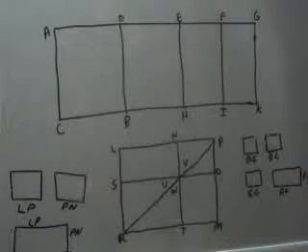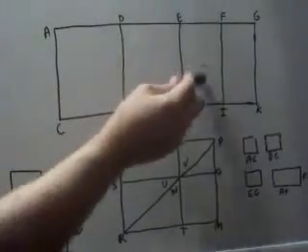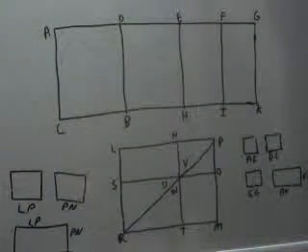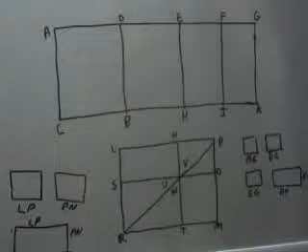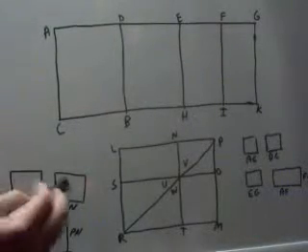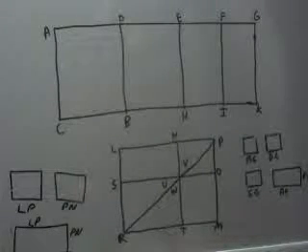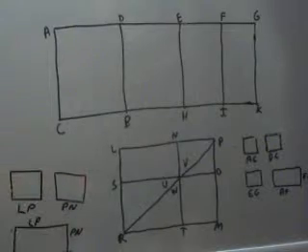And since AI is incommensurable with FK, since this, this, and this is incommensurable with that, therefore the square on LP is also incommensurable with the square on PN. This is incommensurable with that. Therefore, LP and PN, adding these two areas together.